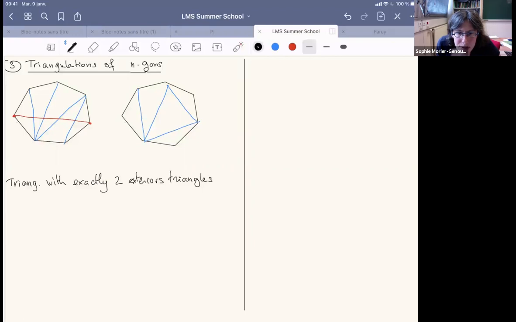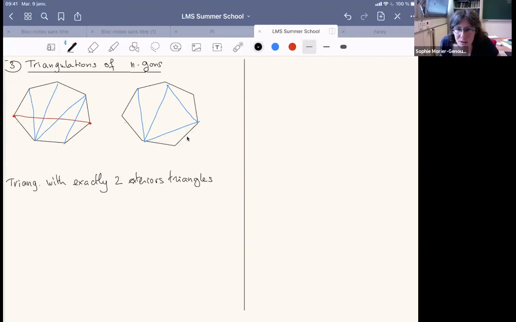The question is: does the number of triangles of a triangulation depend only on n? Yes. You always have n minus 2 triangles in a triangulation, and you have n minus 3 diagonals. These are fixed numbers. And then there is another question: does the converse hold if we can join two?